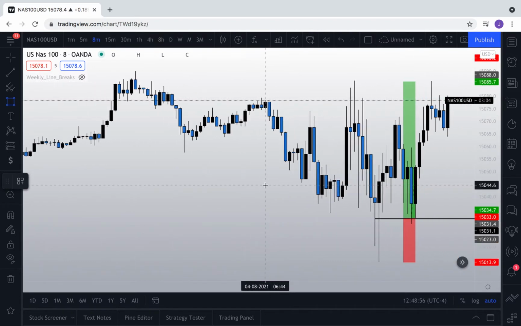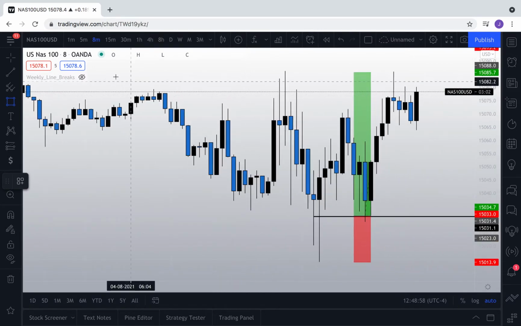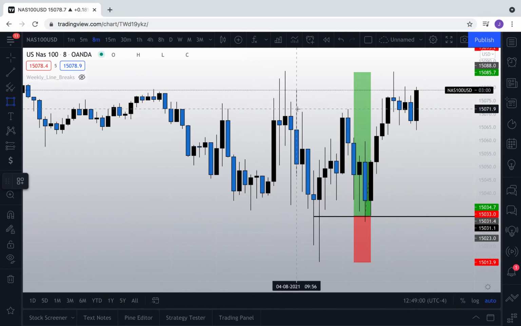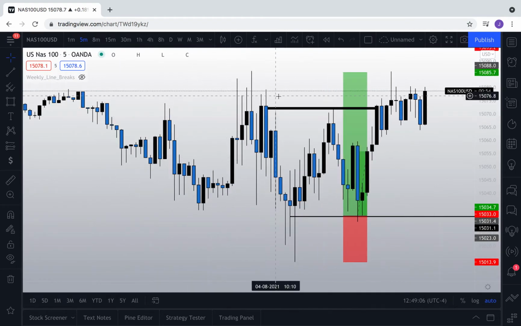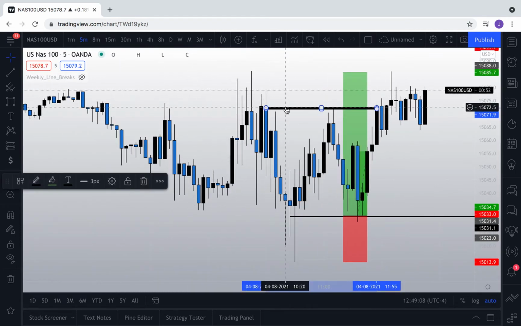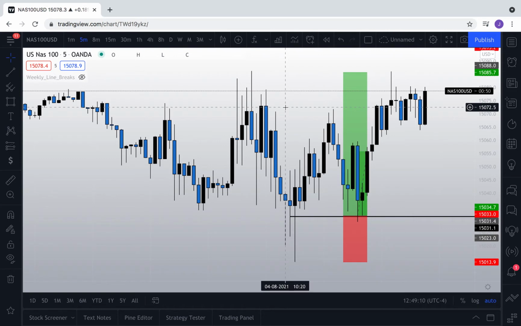So the market does make liquidity, higher highs and higher lows, such as right here. However, the market still reacts off of floors and ceilings, or supply and demand zones, or support and resistance zones, depending on where you're at in the market.